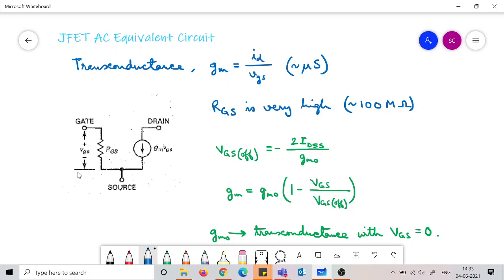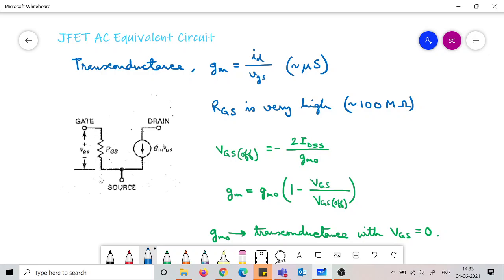So this sort of device will not load the network, and it is very useful in a lot of different ways. What happens actually, if a device loads the network, any signal passing from the network to this device will lose its strength appreciably due to the connection of the device. Now for amplifiers, we don't wish the signal to be amplified to change or to lose its strength.